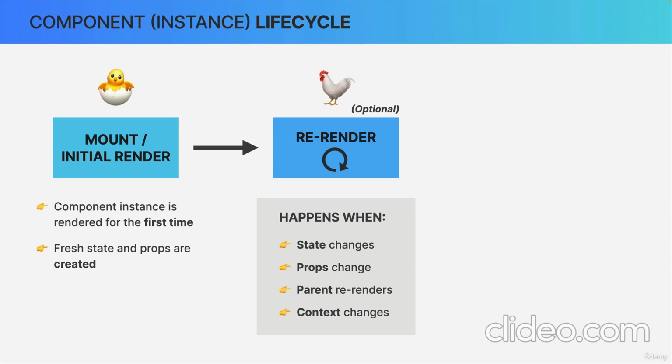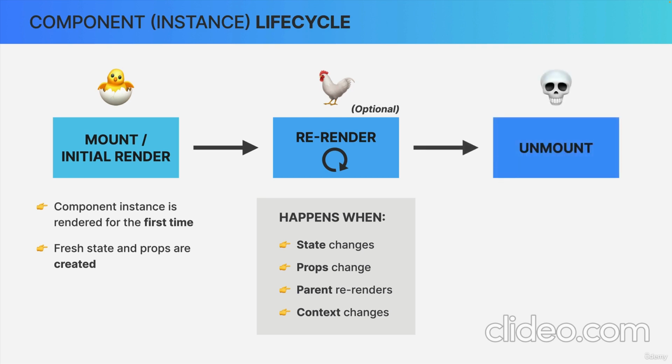So finally, there comes a point in time where a component instance is no longer needed. And so that's when the component is unmounted. And as you can see from that not so subtle emoji, this is when the component basically dies. So in this step, the component instance is completely destroyed and removed from the screen, along with its state and props.